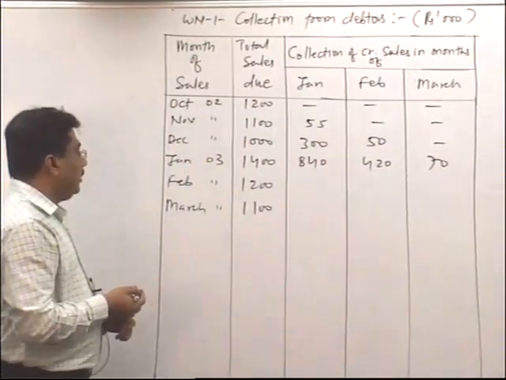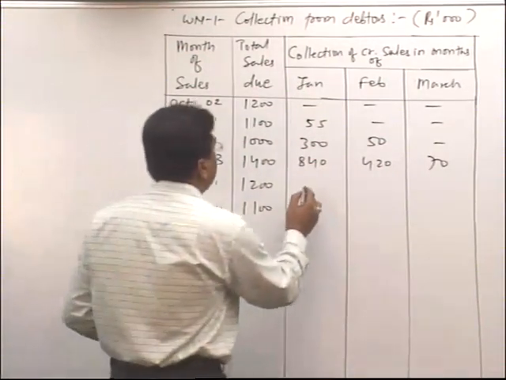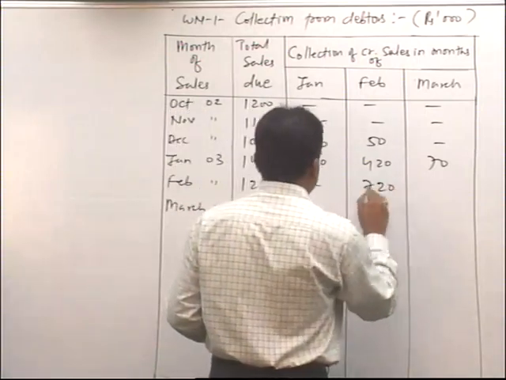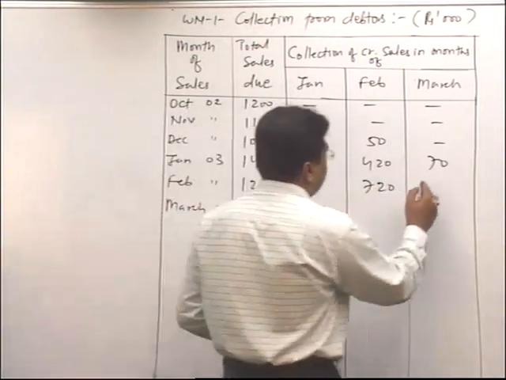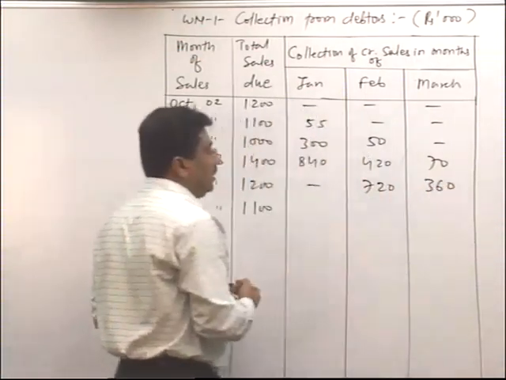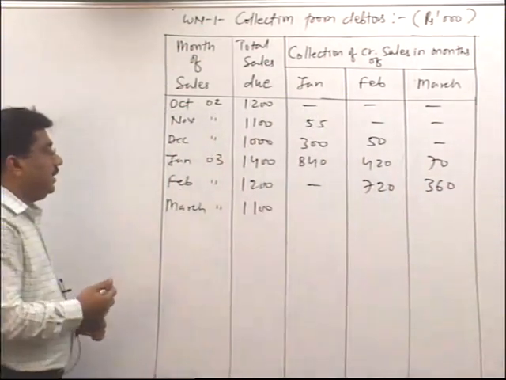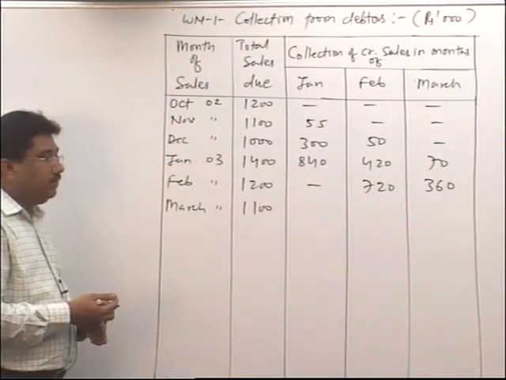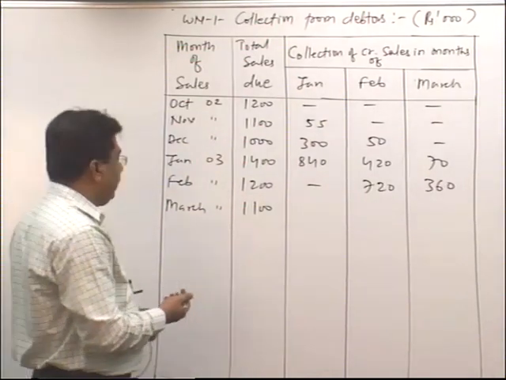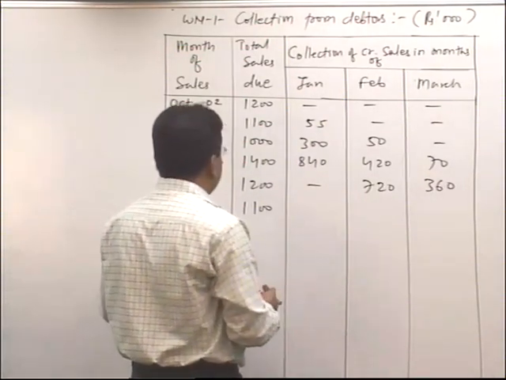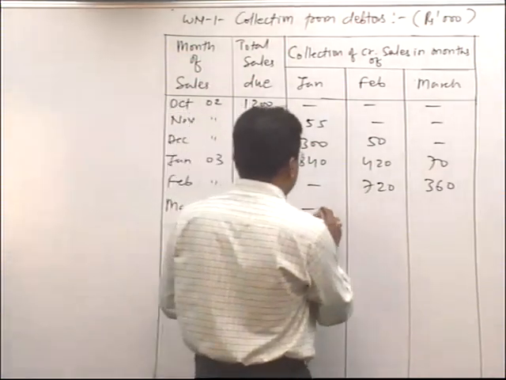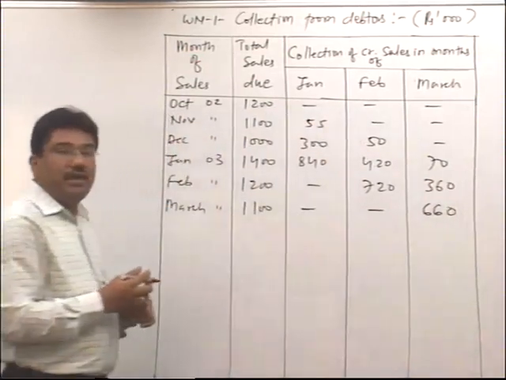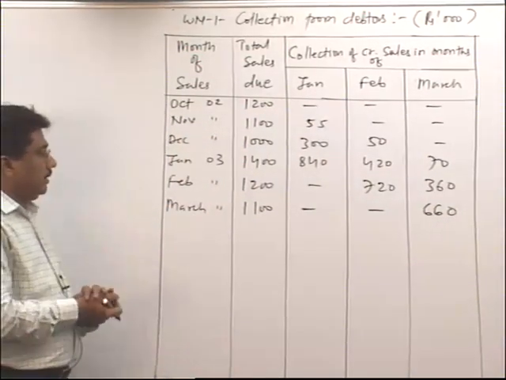In case of the credit sale of February, nothing will be collected in January. 60%, that is 720, will be collected in February, 30%, that is 360, in March, and the rest 5%, that is 60, in April. But we are not concerned with April, so we have not made a column for it. For the credit sale of March, nothing will be collected in January and February, 660 will be collected in March, and the rest in April and May.